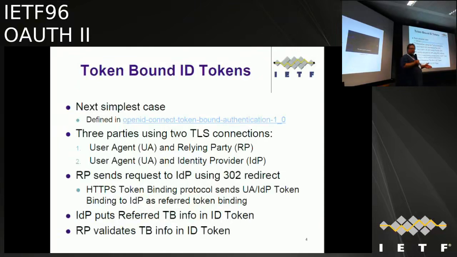Magic happens in the HTTPS token binding spec, where the token binding ID for the relying party channel can get sent to the identity provider as what's called a referred token binding. The IDP can put the referred token binding in the token, which gets sent to the relying party, which can validate the token binding because it's on its own channel and do the equality check for the token binding information. This all just works as well. And there's a draft about that that's referenced from the OAuth draft. Next.